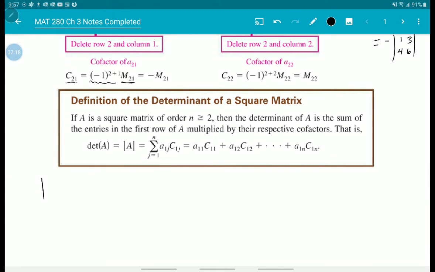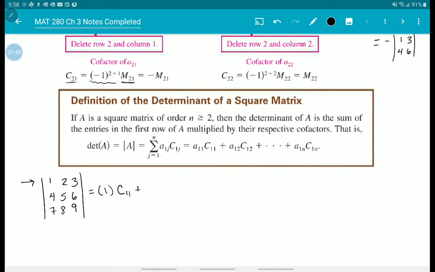So let's say we want to find the determinant of this matrix. What that definition is saying is that if we go across that top row, and we'll talk about how we can change that in a minute, it's going to be that first entry, which is 1, times the cofactor that corresponds to the entry in the first row, first column.